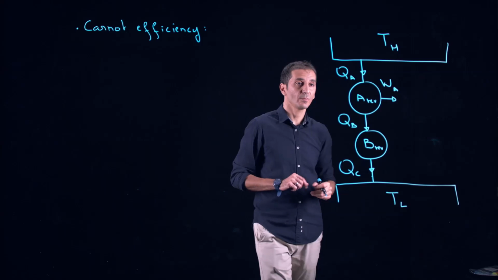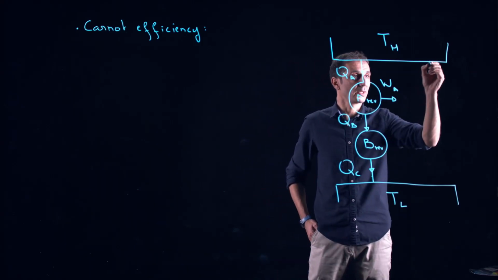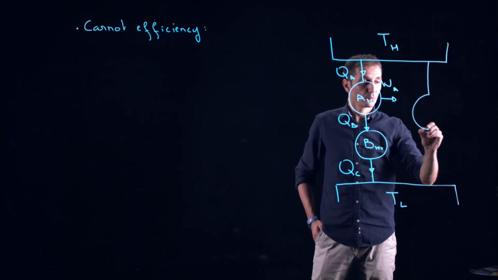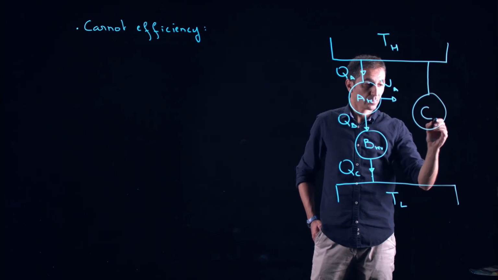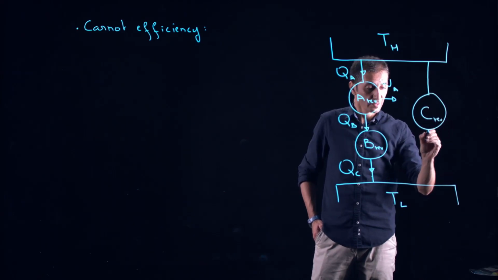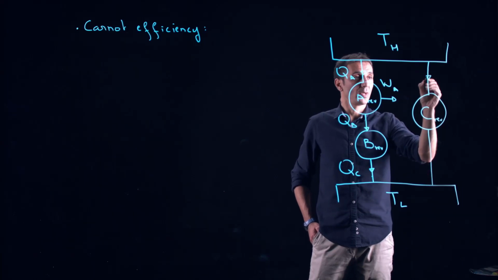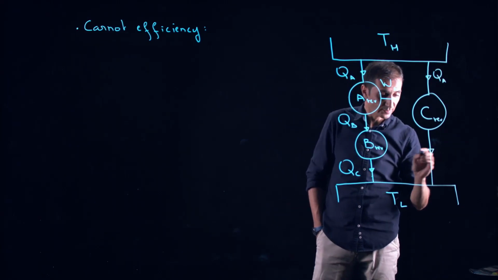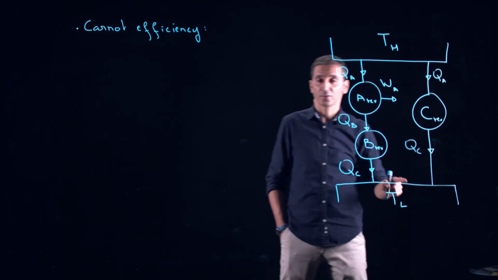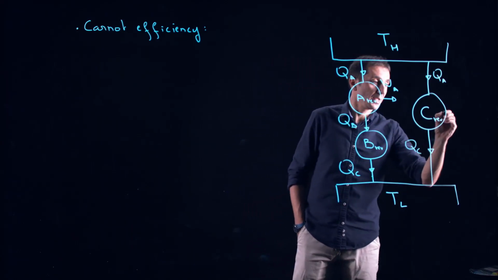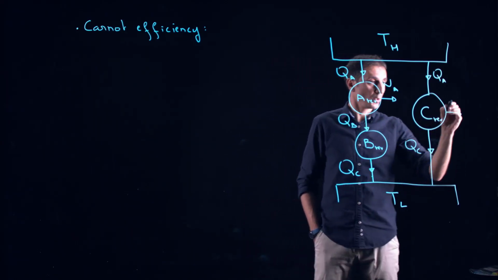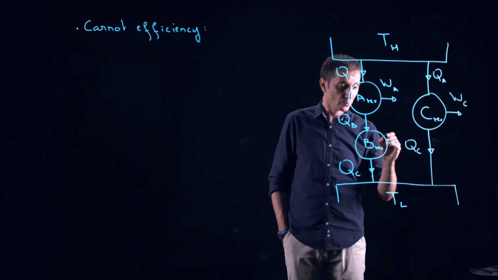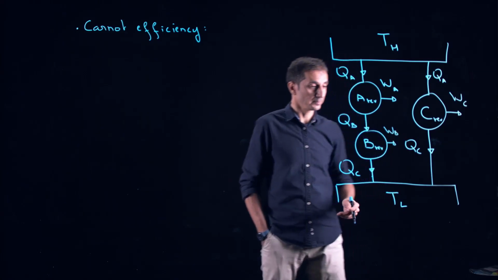Now we'll do the same thing, but with one reversible cycle. So here, instead of having 2, we have C, which is also reversible, getting heat QA from the reservoir TH and rejecting QC into the reservoir TL. And this will provide us with the work WC, and B will provide us with the work WB.